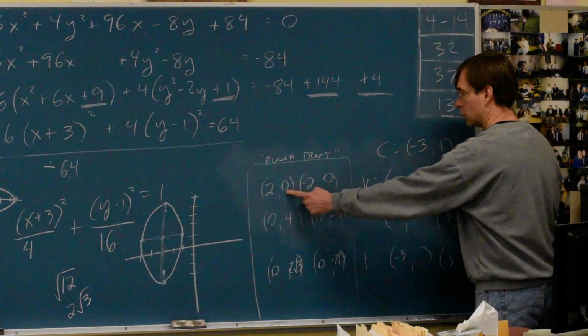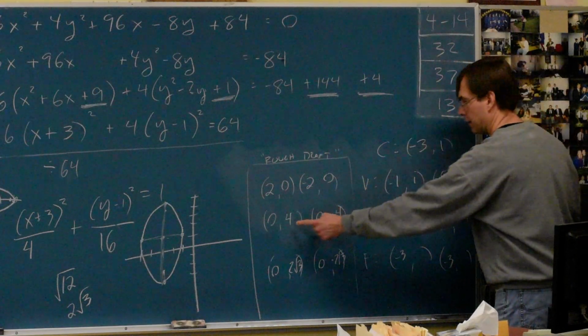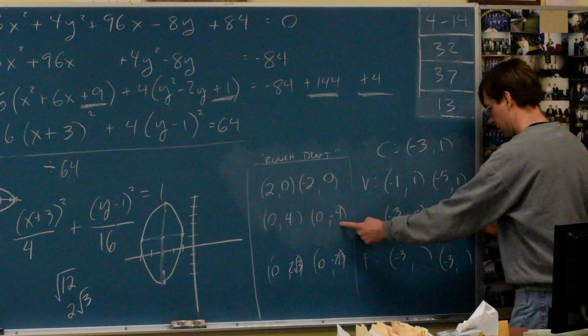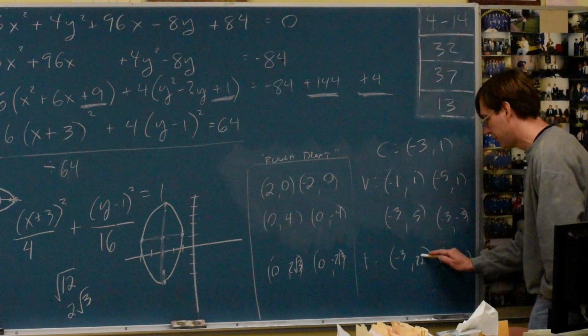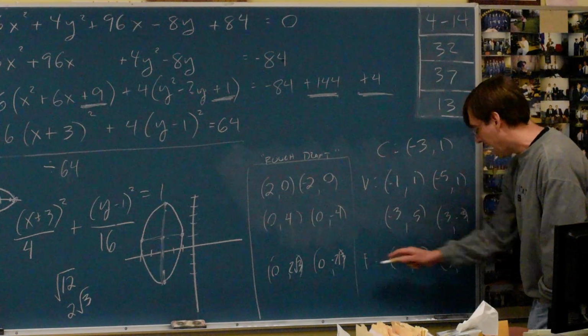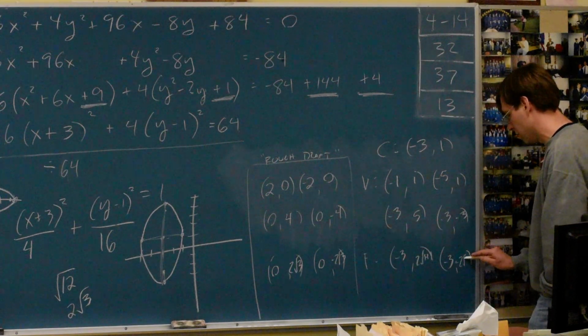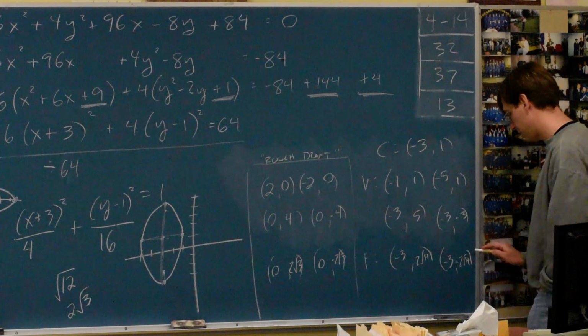So this adds 1, this adds 1, this adds 1, this adds 1. This, just write 2 root 3 plus 1. And for that one, I would just write negative 2 root 3 plus 1.